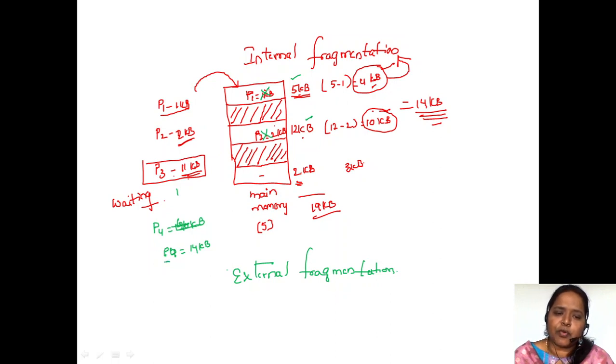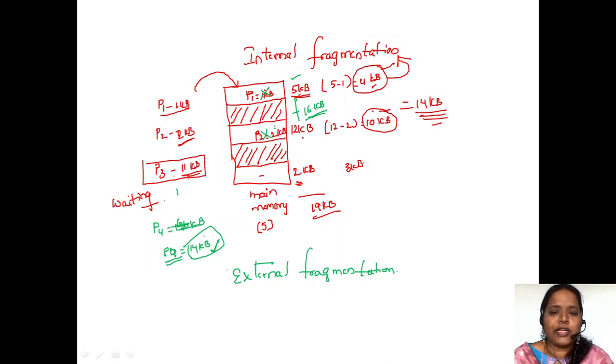So 5 plus 12, totally the space left is 16 KB. But here we need only 14 KB of memory. So can we accommodate it over here? No. Why? Because this is not contiguous.